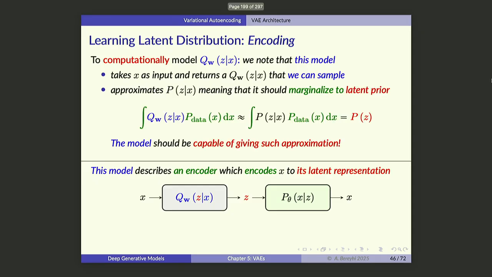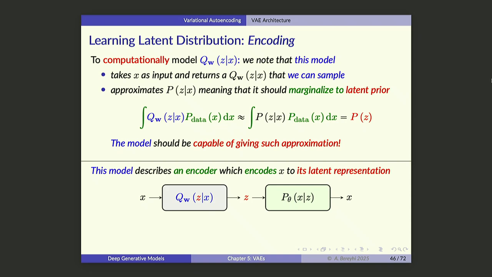And the extra constraint is that I want this to approximate, when it's marginalized over my data, the latent distribution. Because what I'm trying to do with this Q is approximate the posterior distribution.